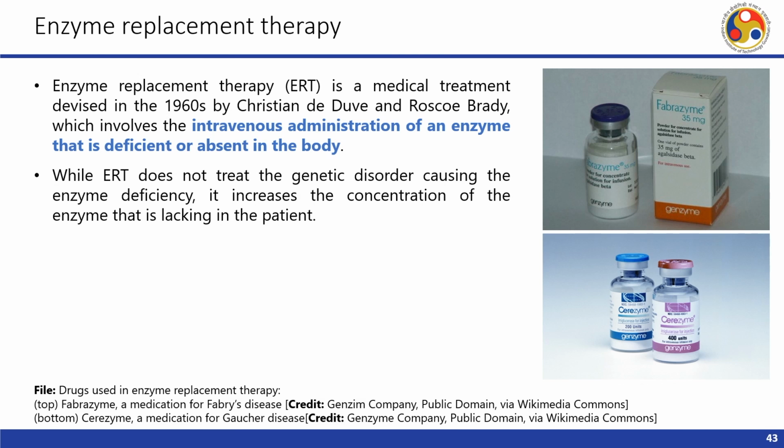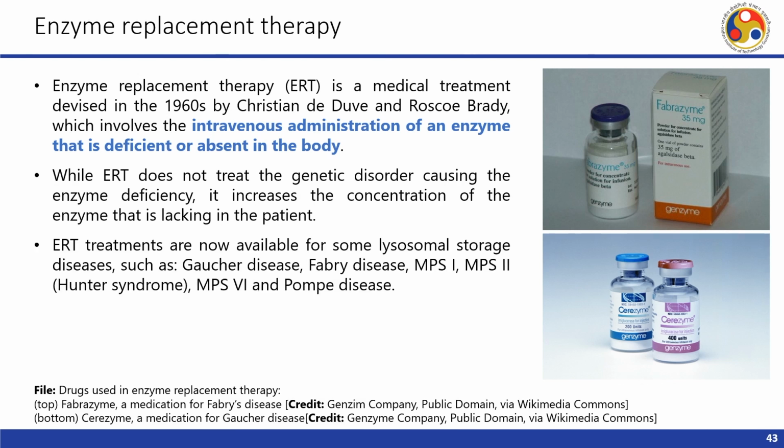ERT does not treat the genetic disorder causing the enzyme deficiency. It increases the concentration of the enzyme that is lacking in the patient. ERT treatments are now available for some lysosomal storage diseases such as Gaucher disease, Fabry disease, MPS 1, MPS 2, Hunter syndrome, MPS 4 and Pompe disease.